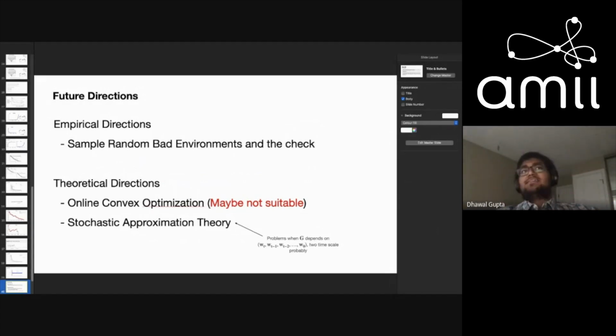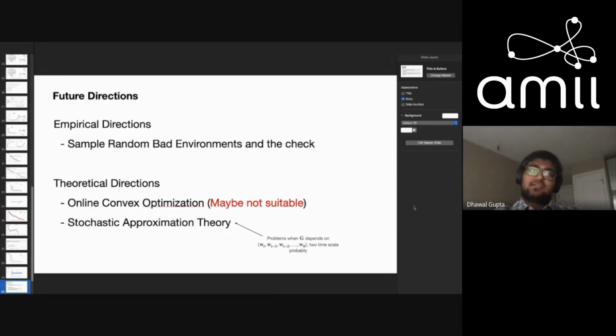In the empirical sense, I was planning on sampling some random bad environments which violate the distribution property, and then observe what happens in the SGD, RMS prop, and Adam cases. The second way is a theoretical direction, where we have two ways to analyze this problem.